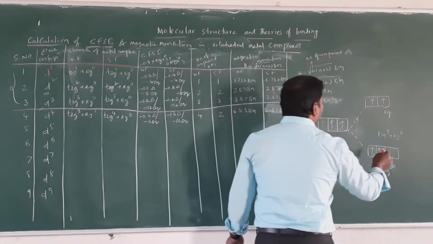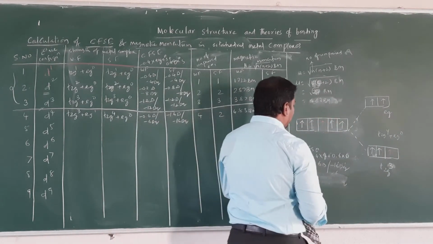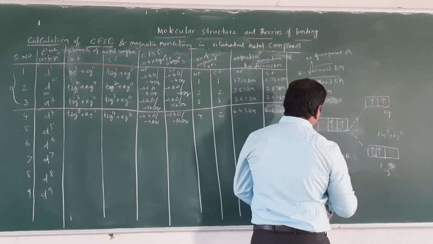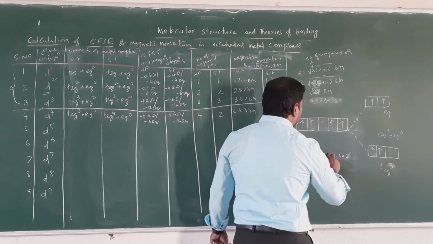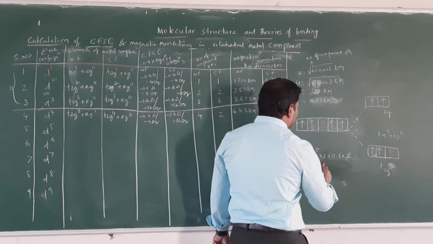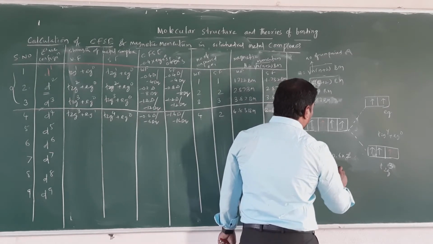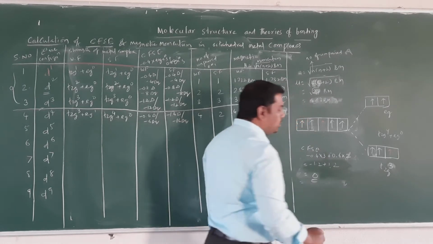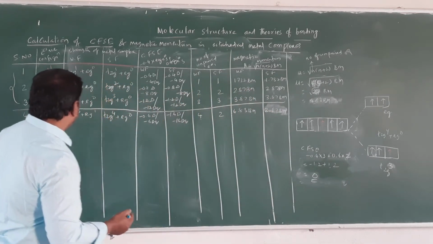So here the 3 t2g electrons and 2 eg electrons, that is equal to minus 1.2 plus 1.2, that is equal to 0. Here the CFSE value is equal to 0.